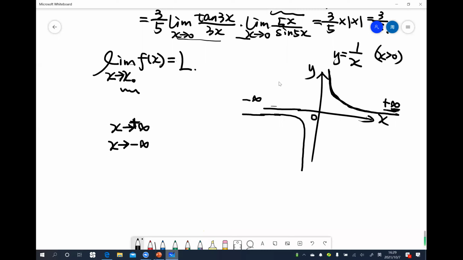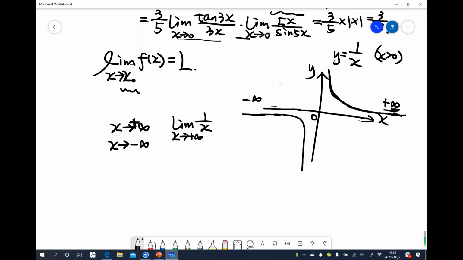And here we consider the limit of the function 1 by x. First, as x approaches positive infinity, as we can see from the graph, if x gets bigger and bigger, the value of y gets smaller and smaller and very close to 0, right?